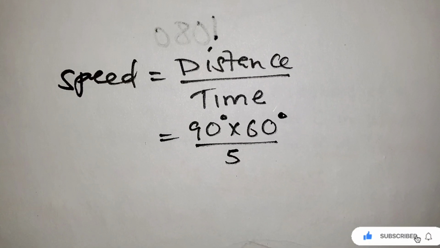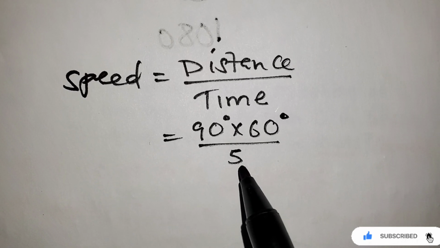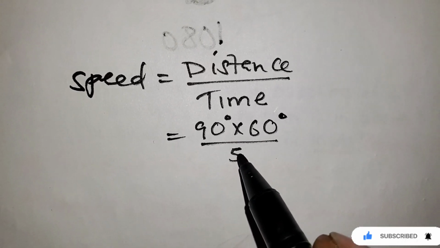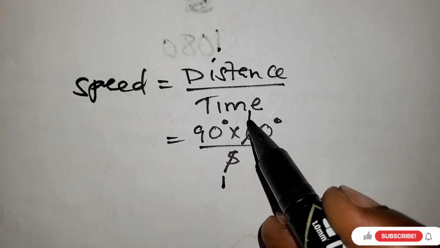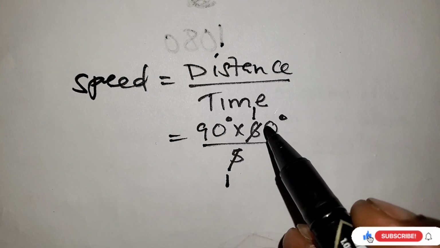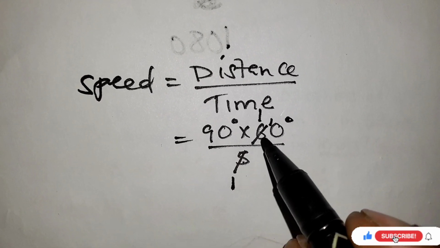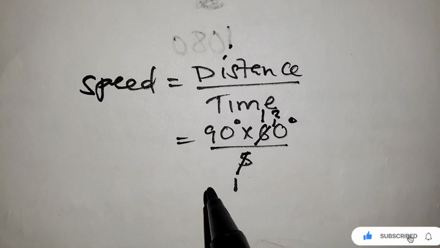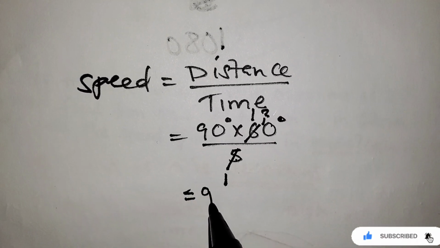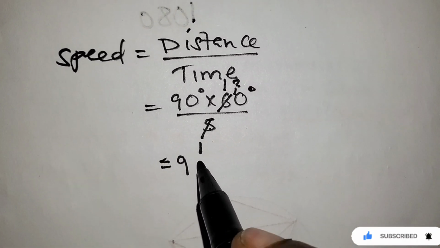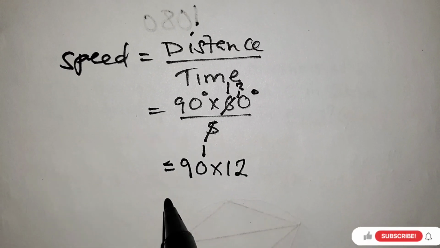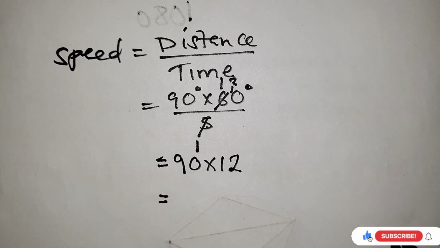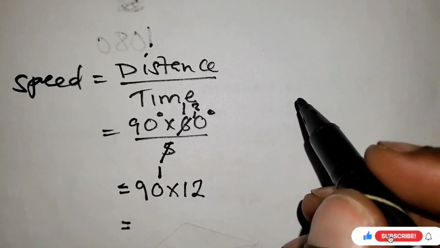From here you can just reduce: 5 into 6 is 1, remainder 1, then this becomes 10, 5 into 10 is 2, so this is just 12. In other words, we have 90 times 12.